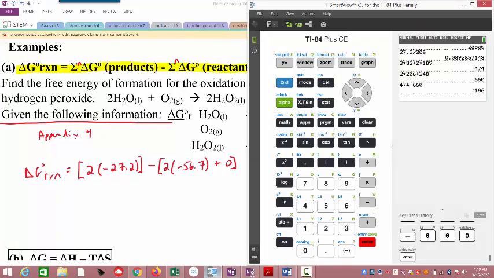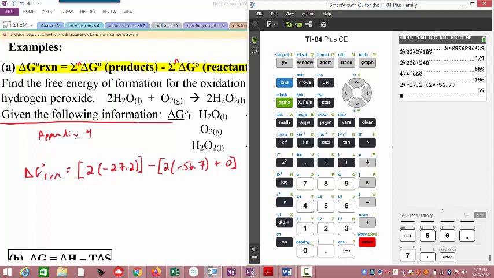So we have 2 times negative 7.2. I know it's a weird way to say it. Minus 2 times negative 56.7. Not going to do the plus 0 in the calculator.